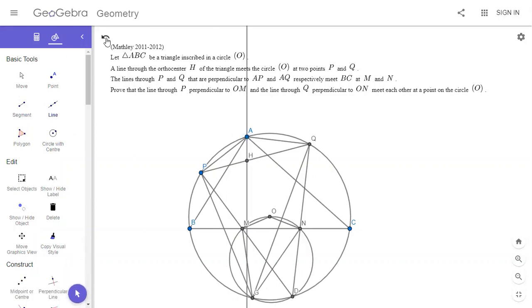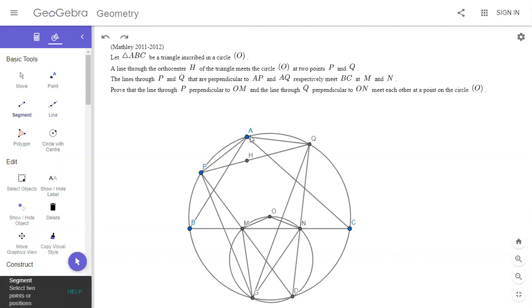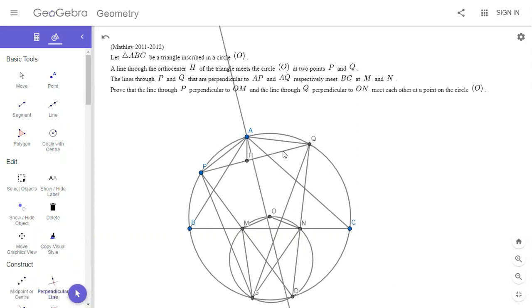So if AH is perpendicular to MN, what if we draw the perpendicular from A to PQ? Or from O to PQ.